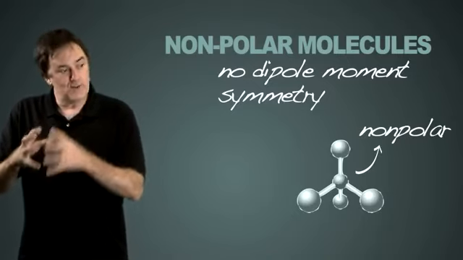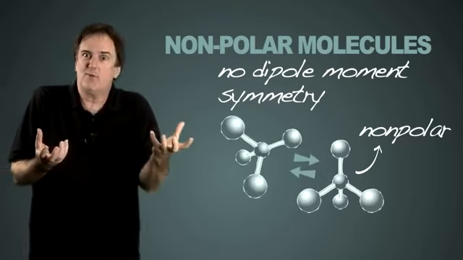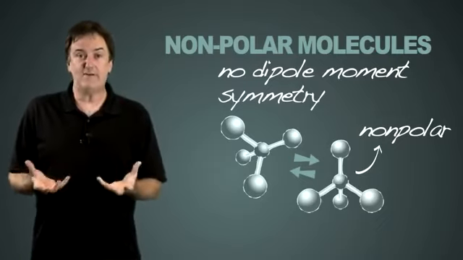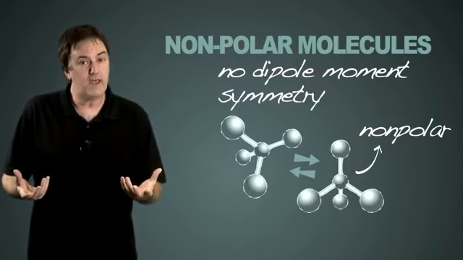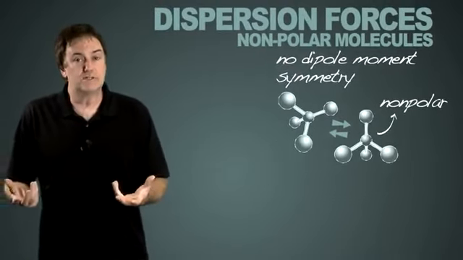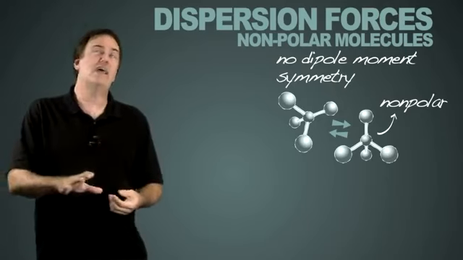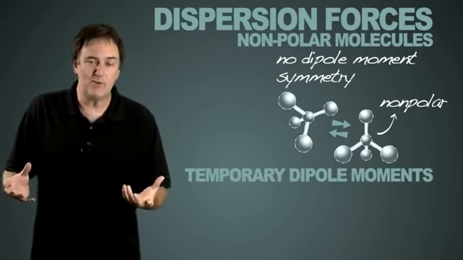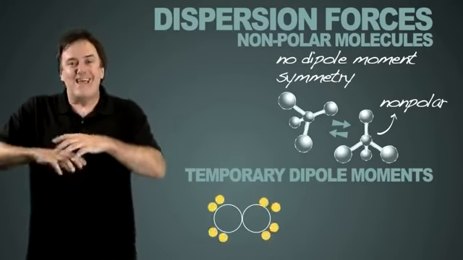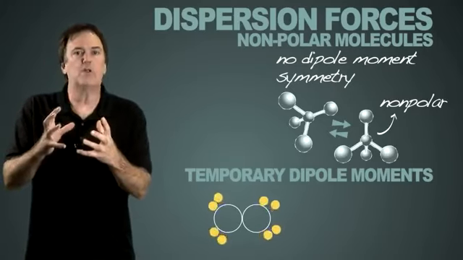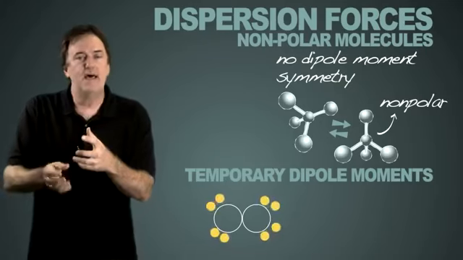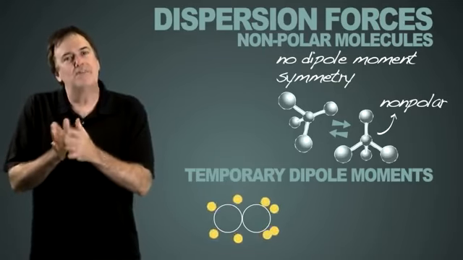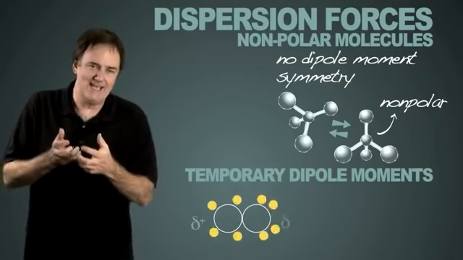However, it will attract another carbon tetrachloride molecule. They do stick. It is a liquid. So there's definitely forces there. So what are they? They're dispersion forces, and they are based on what we say are temporary dipole moments. Temporary dipole moments is when the electrons within the whole molecule are in such flux that at any one point in time, you're going to catch it with a slight positive end and a slight negative.